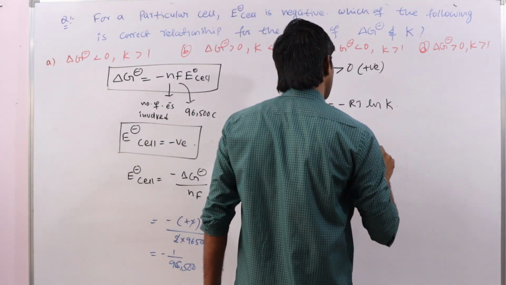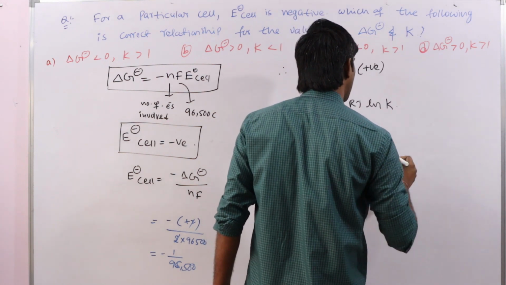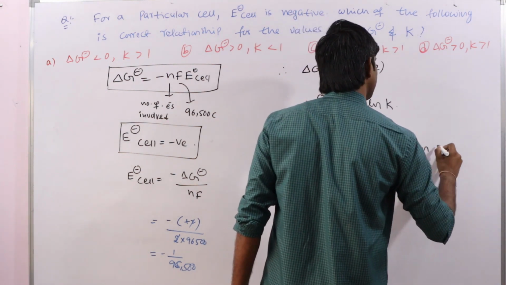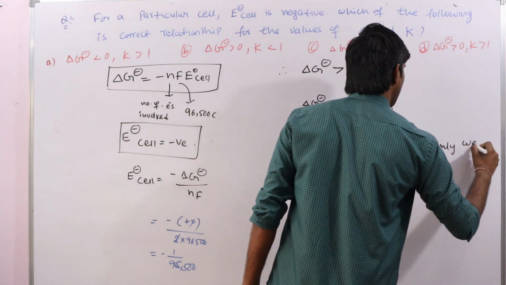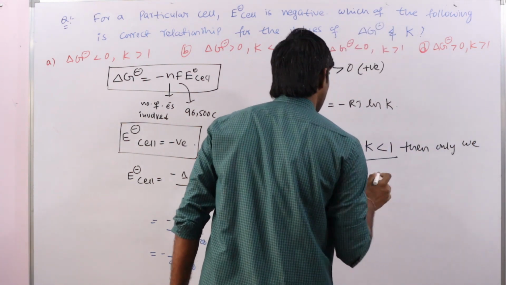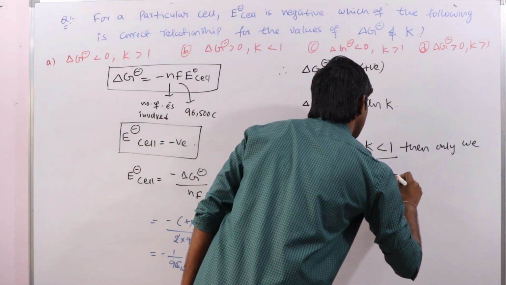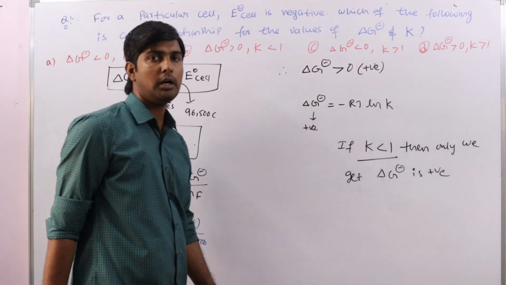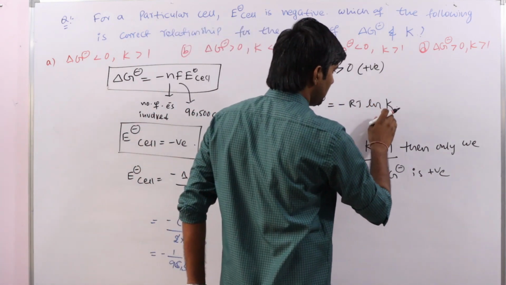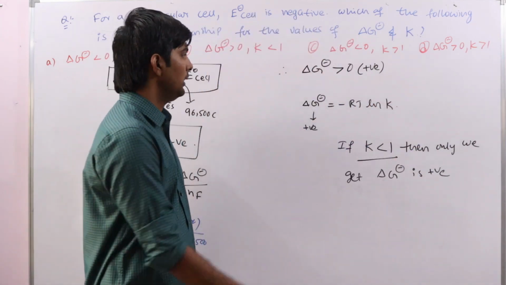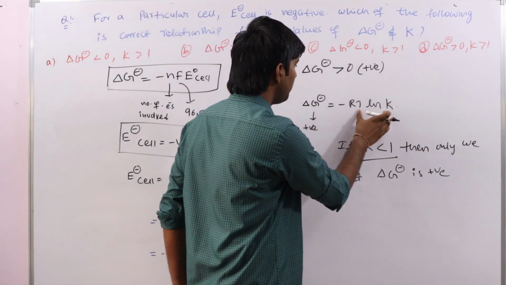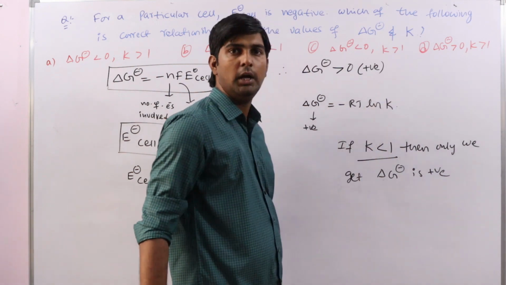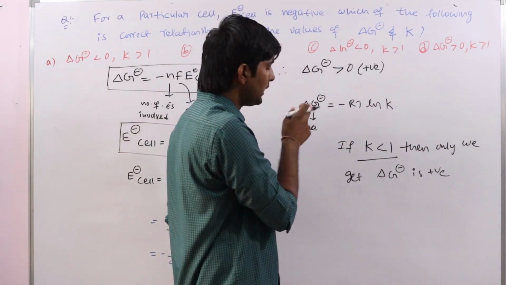If K is less than 1, then only we get delta G naught positive. If K is greater than 1, this entire value will become minus into plus, minus, but we should get delta G positive.